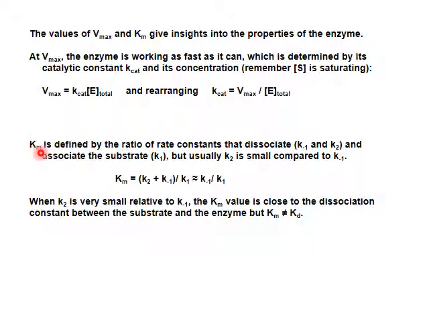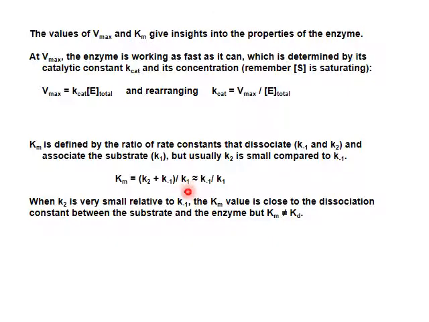But you can derive the microscopic rate constants of the expression that we had previously, with k1 being the formation of ES from E plus S, and k minus 1 being the dissociation of ES to E plus S, and then k2, or in this case kcat, going from ES to E plus P. And you could derive Km, and that's shown here, that the Km is the addition of k2 and k minus 1 over k1.